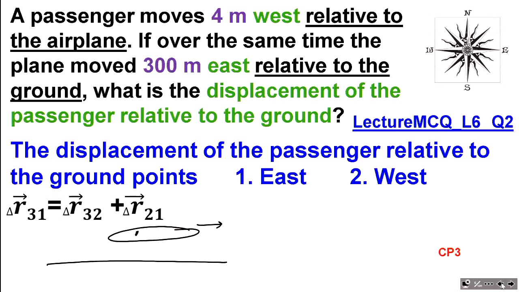So this is the velocity of the plane relative to the ground. The plane has moved from here to here relative to the ground, 300 meters. That's the displacement of the plane relative to the ground.